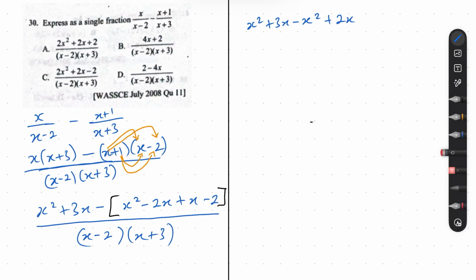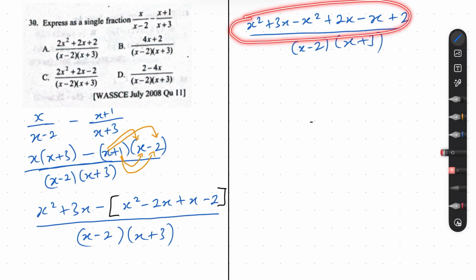Similarly, this will affect this, so it becomes negative x, and then negative times negative gives positive, so plus 2. All over our denominators, which are still the same, x minus 2, x plus 3.